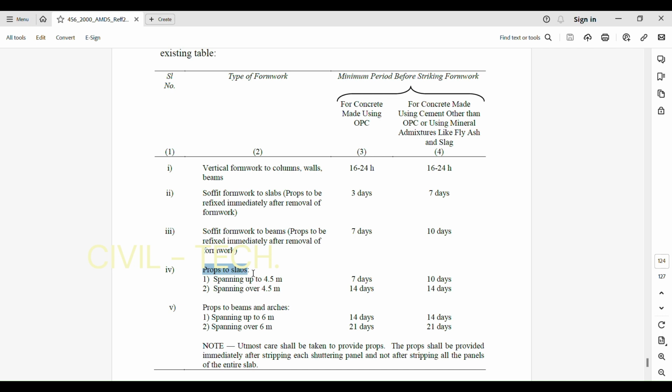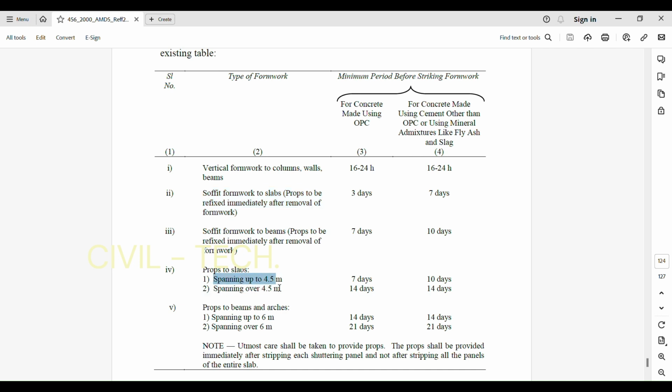So the second point stated we need to refix the props immediately after the removal of formwork of slab panels. So the refixing props time duration is there. The time duration depends upon the span of the slab, the span of the member.